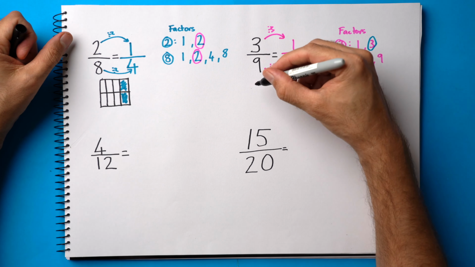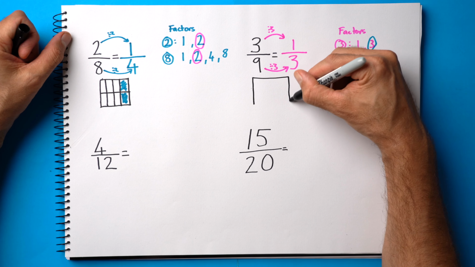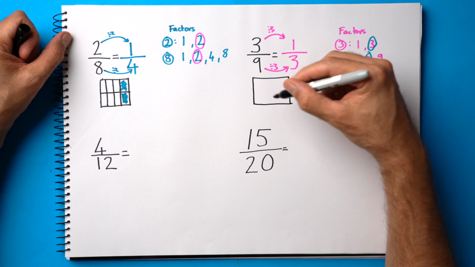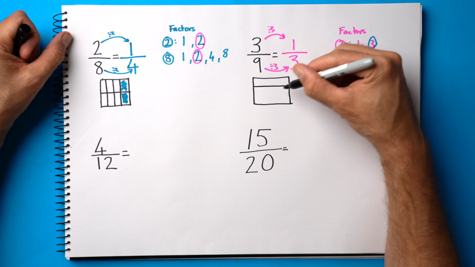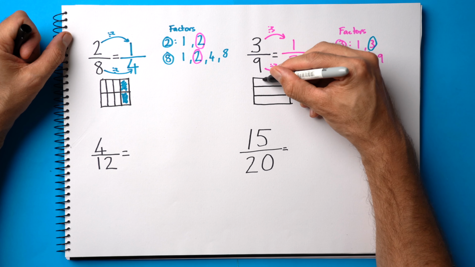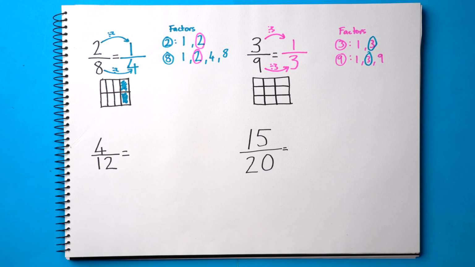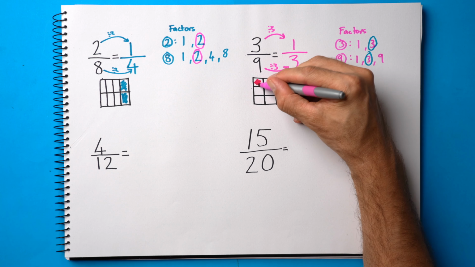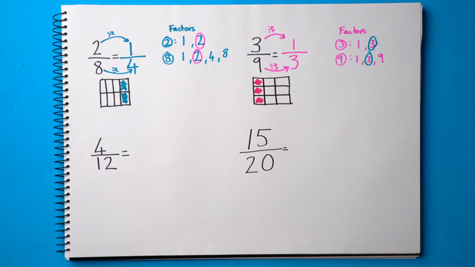If I wanted to do a diagram to check, I could draw a box. I could divide it into 3. And I could then divide it into 9ths. And if I coloured 3 of them, we can see that that's the same as 1/3.